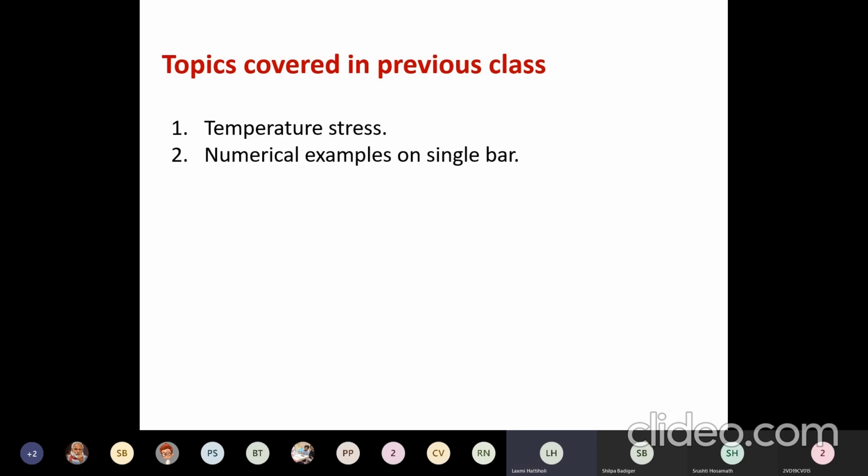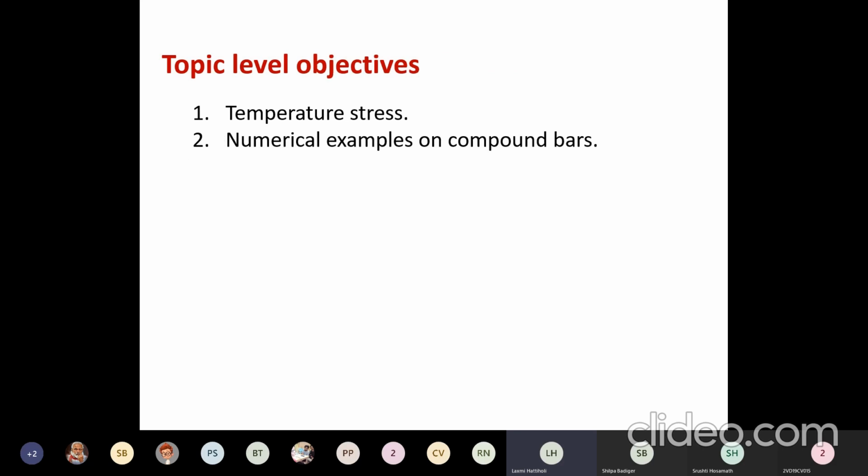So let's check what the topic level objectives of today's session are. Today we'll continue the same topic, thermal stresses, but today we shall concentrate more on compound bars. In the previous session, we took temperature stresses on a single bar.